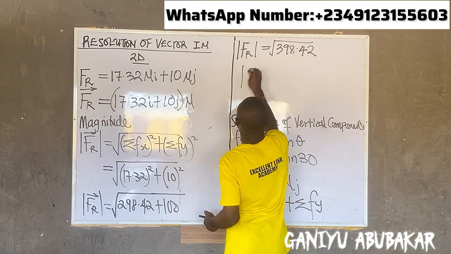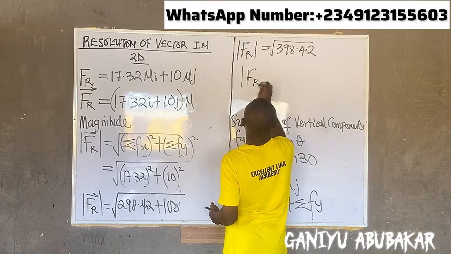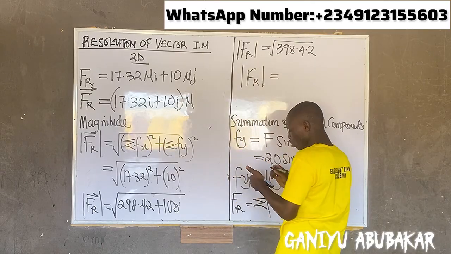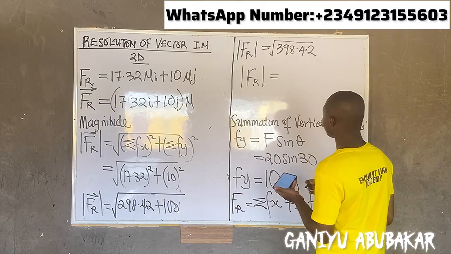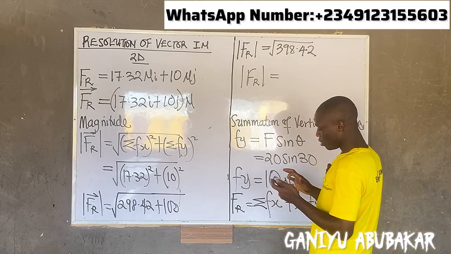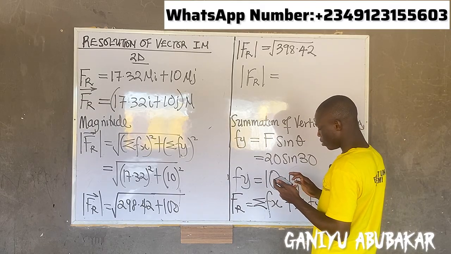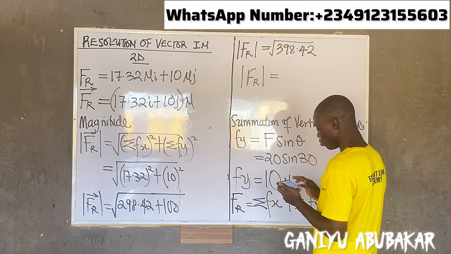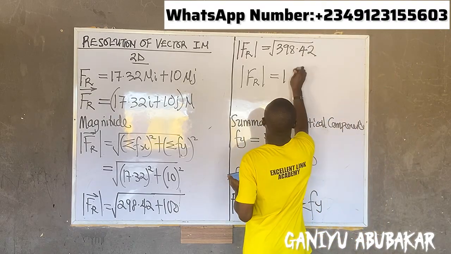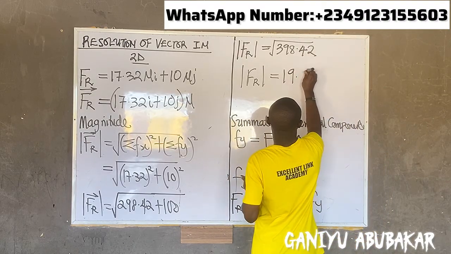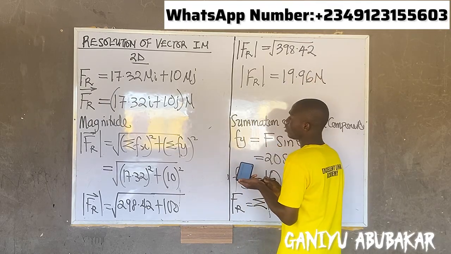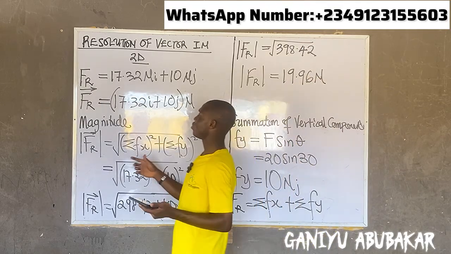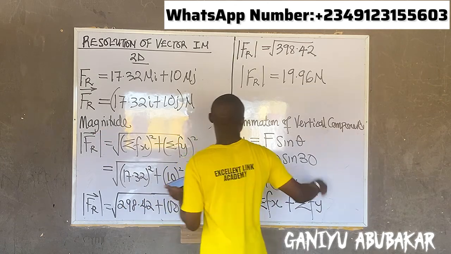So the magnitude will be the square root of 398.42, which gives me 19.96 Newton. So the magnitude of the resultant force Fr is equal to 19.96 Newton.